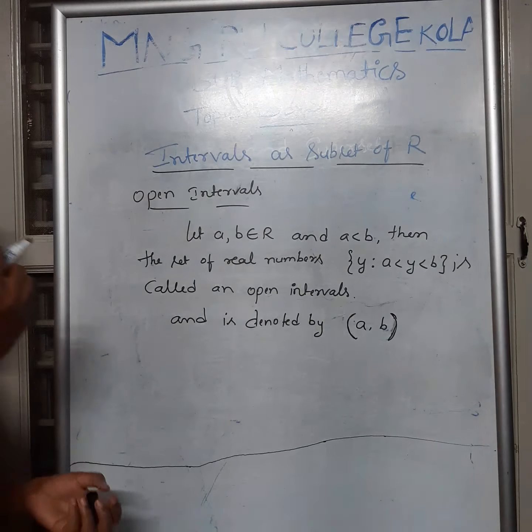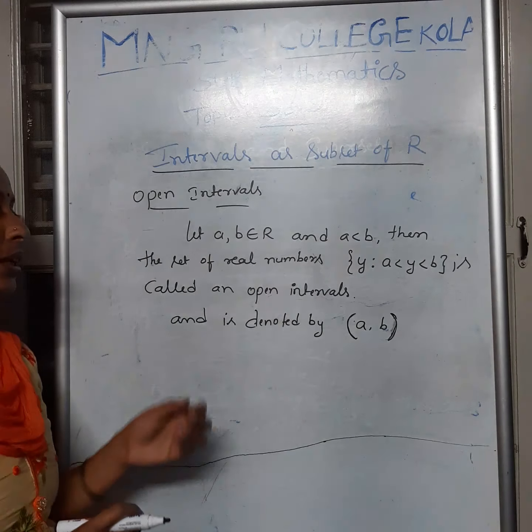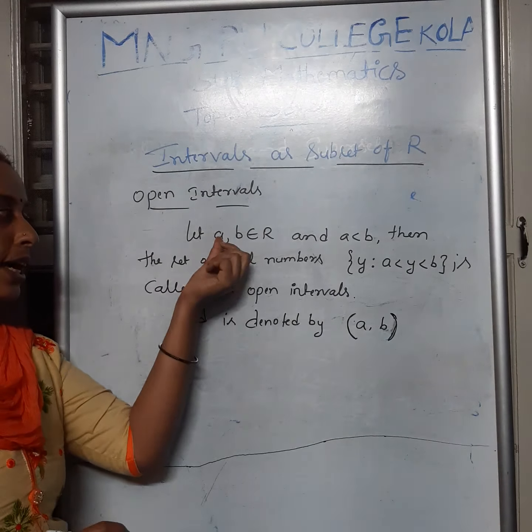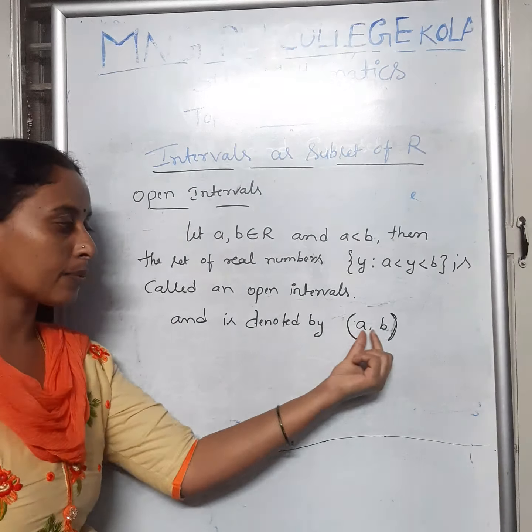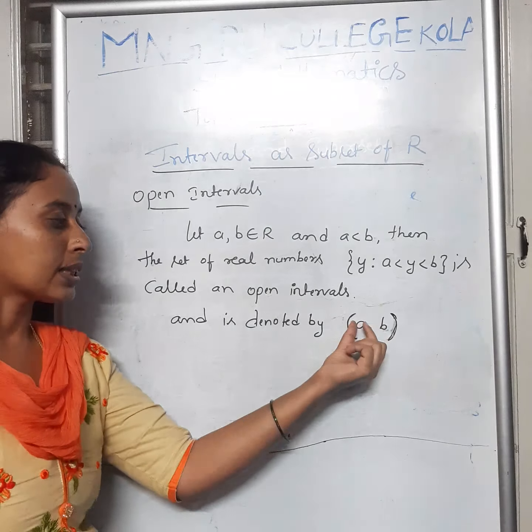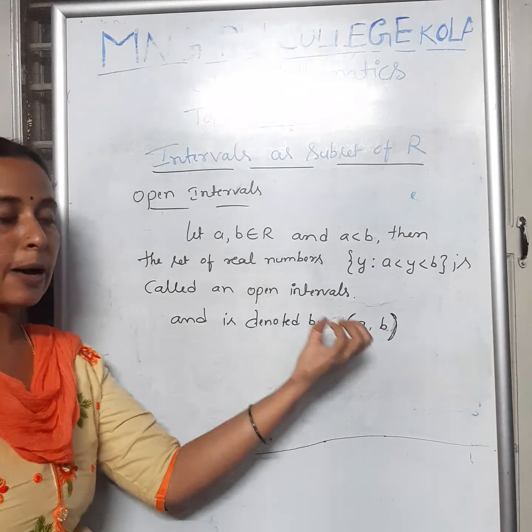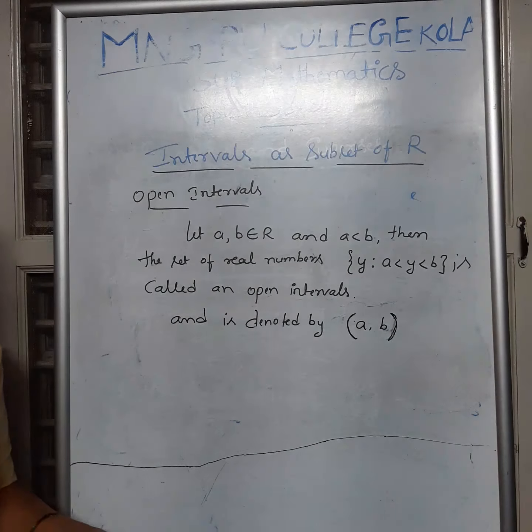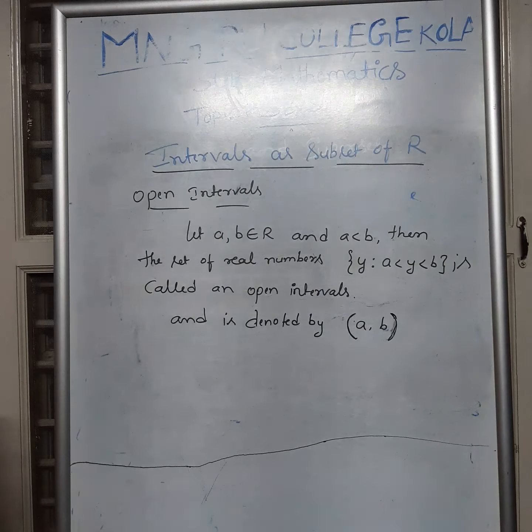This is the starting point, this is the ending point, and between these there are some real numbers. So open interval means that y lies between a and b, greater than a but less than b.